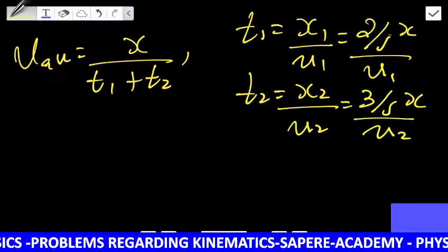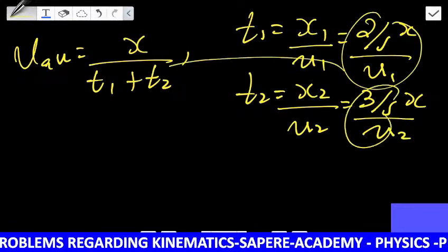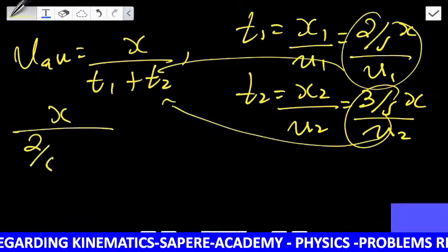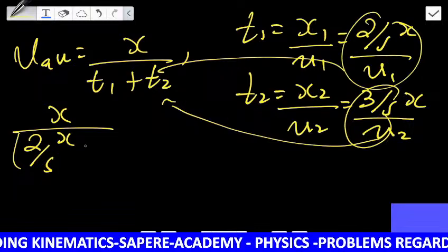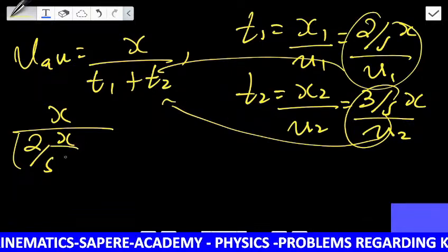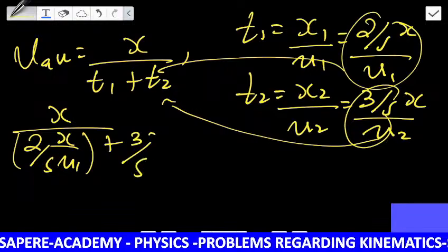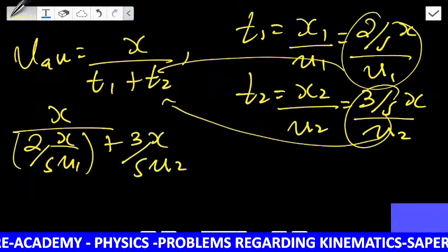So let us substitute these two in place of t1 and t2. I'm going to have x over 2/5 of x divided by v1 plus 3/5 of x over v2.